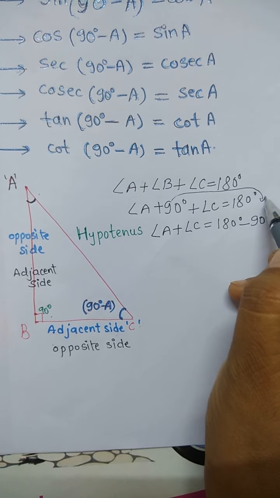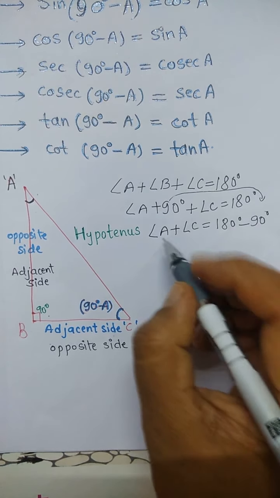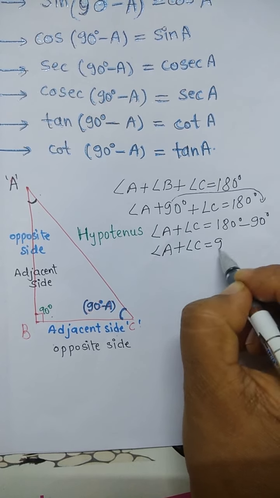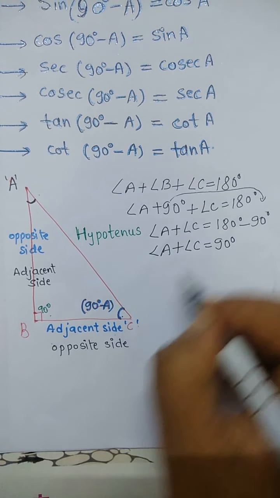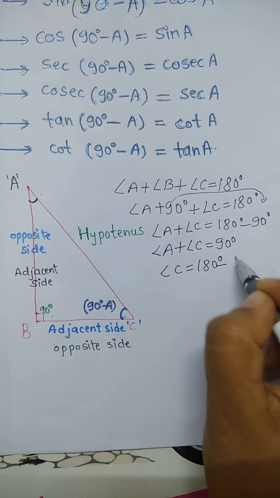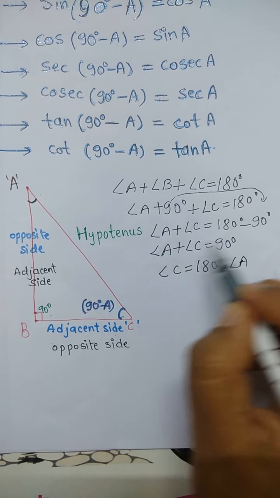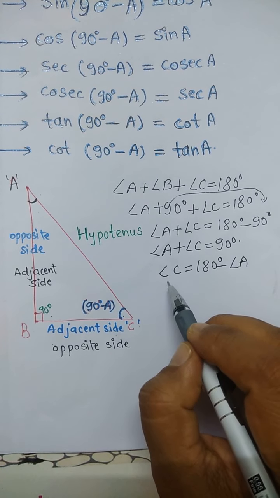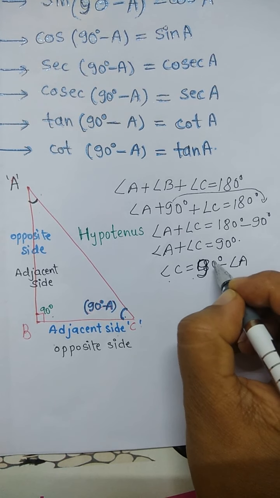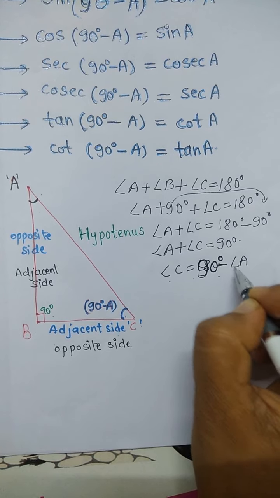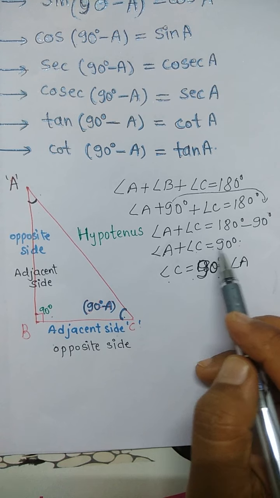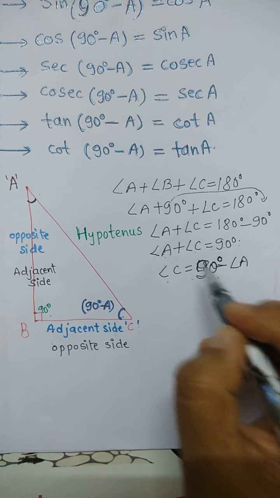You bring this 90 to the other side of the equal sign and it becomes minus 90. So angle A plus angle C will be equal to 90 degrees. So what will be angle C? Bring angle A to this side, so angle C will be 90 degrees minus A. From this formula we got angle C equals 90 degrees minus A.